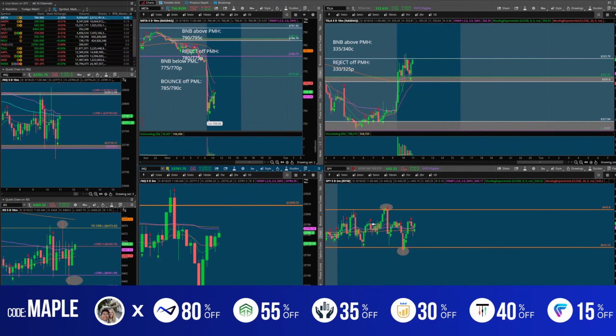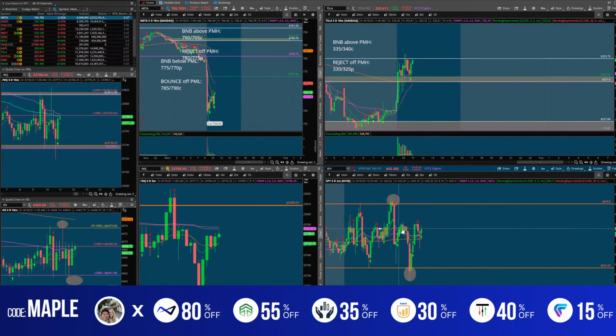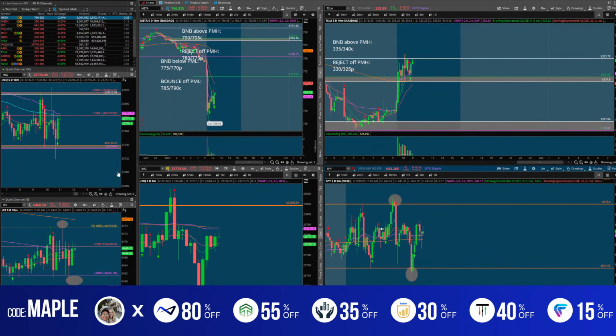SPY 2-minute EMA cross retest. I don't know. You guys like diddling in the middle? Today apparently I do.